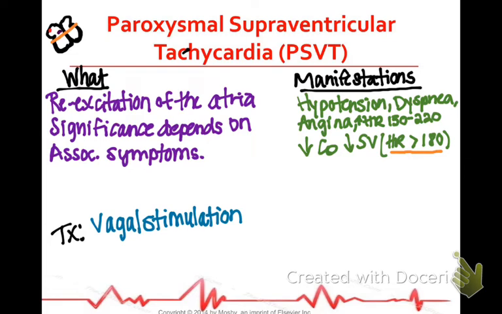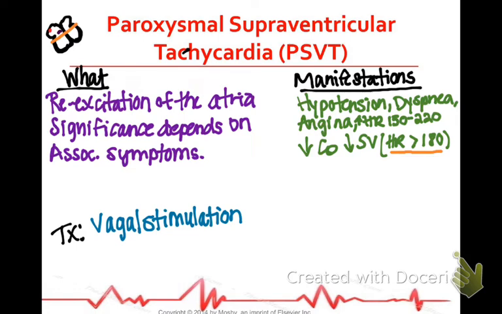So often the treatment is vagal stimulation. So they're going to tell them to bear down. I've seen doctors have somebody they couldn't get their heart rate down, put their head in ice water, blow through a straw. So they'll have them get a skinny straw, not a big straw, like a coffee straw, and blow through it, and that will bring down your blood pressure.